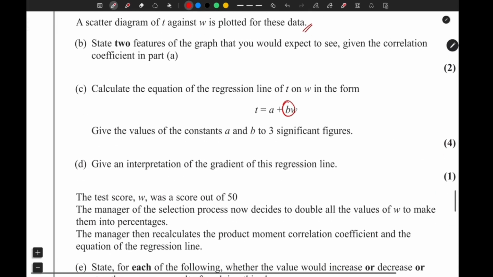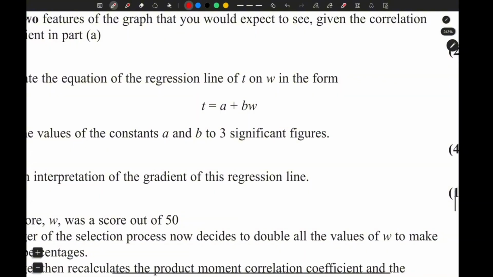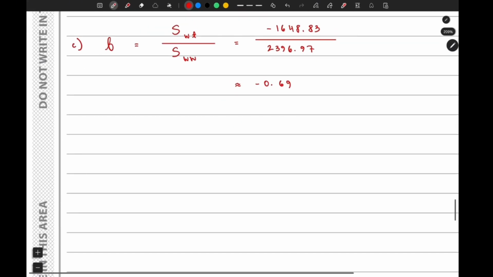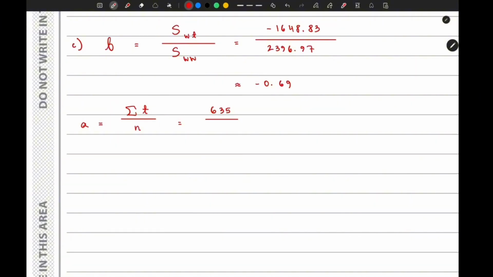Now we need to calculate the value of a. The value of a is equal to the summation of t over n. This is another formula. The summation of t is 635 and the value of n is 30, so this is equal to around 40.4.